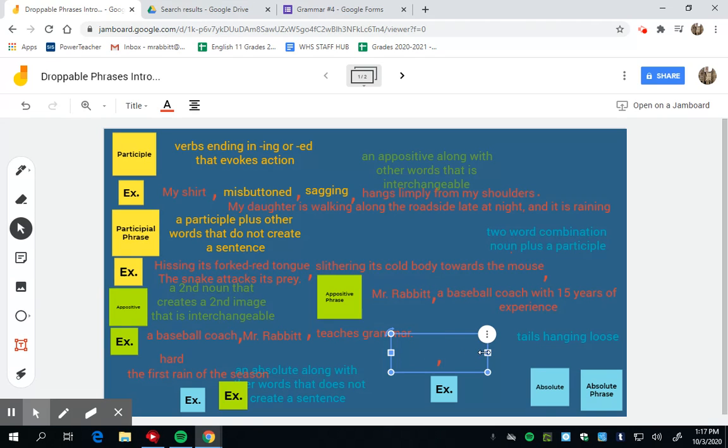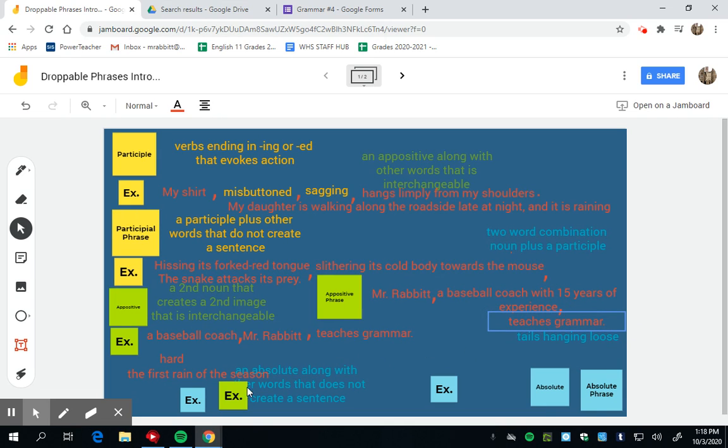Let's put another comma right there. Let's add that in here. Another with 15 years of experience. And then I need one more text box right there, and we're going to go, not title, that's really big. We're going to go teaches grammar. And I've moved this right here after that comma, and I'm good to go.